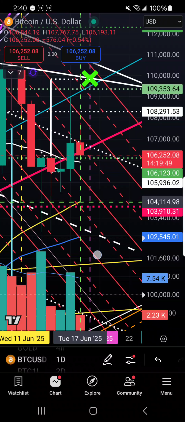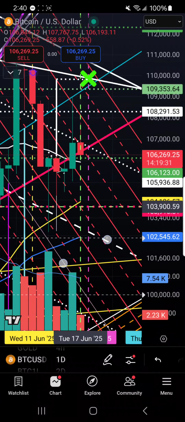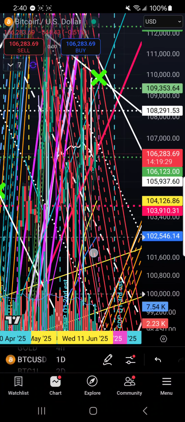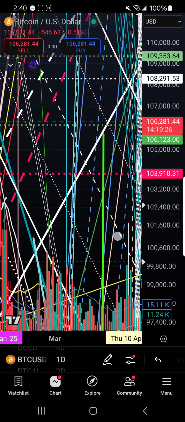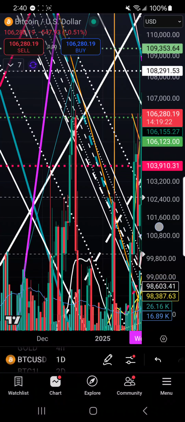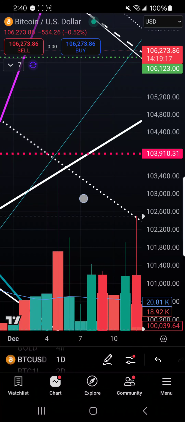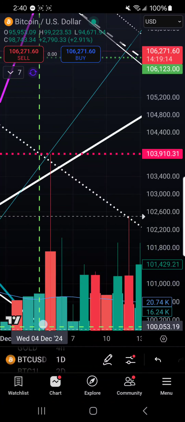If we did come down to 103,888, see also the reason why that's significant: 103,900 or 910, I believe technically 103,910, is this red dotted line, and that represents back here in November when we rallied after the election.